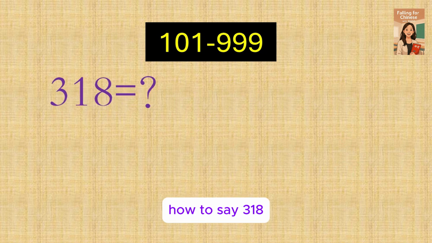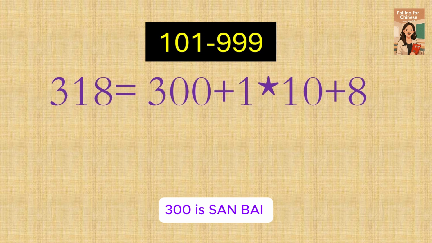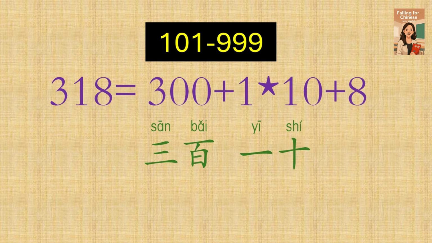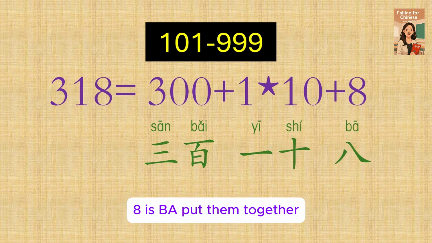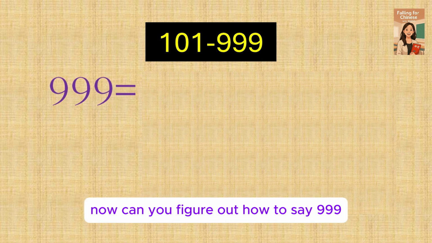How to say 318? 318 equals 300 plus 1 times 10 plus 8. 300 is 三百, 1 is 一, 10 is 十, 8 is 八. Put them together, we say 三百一十八.